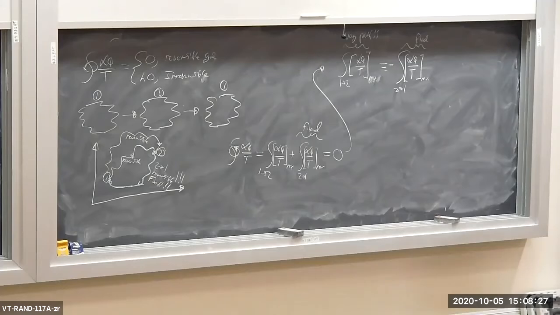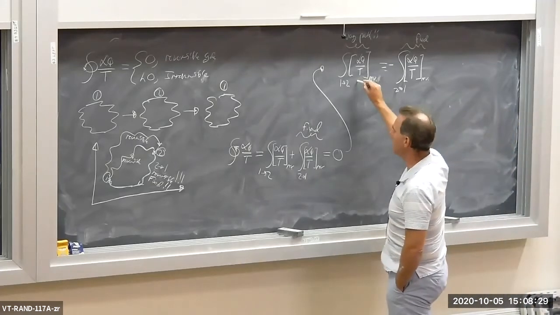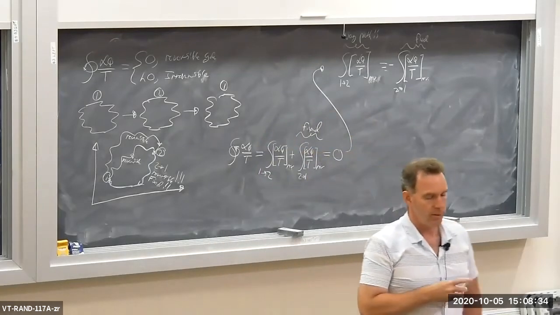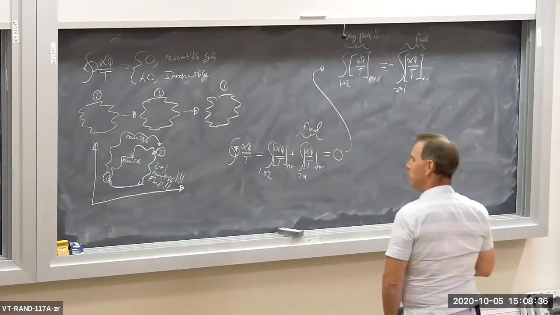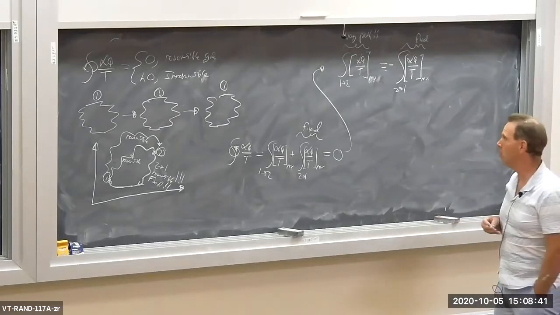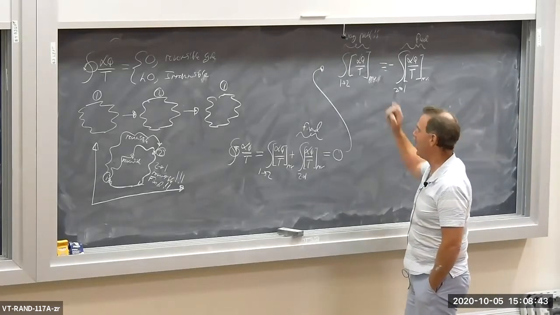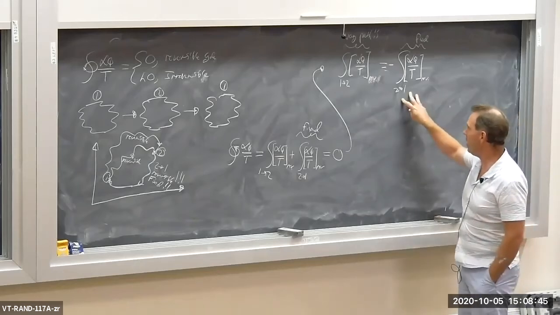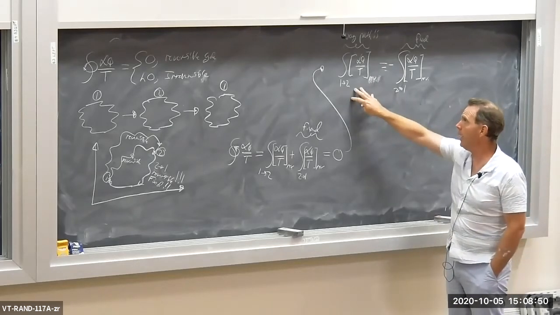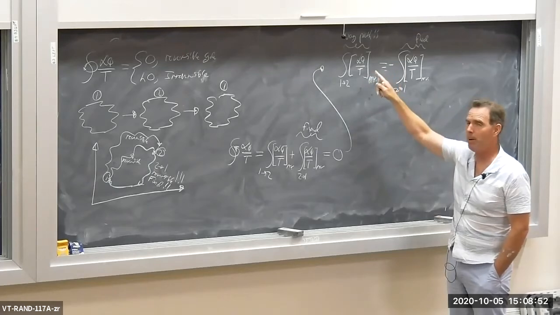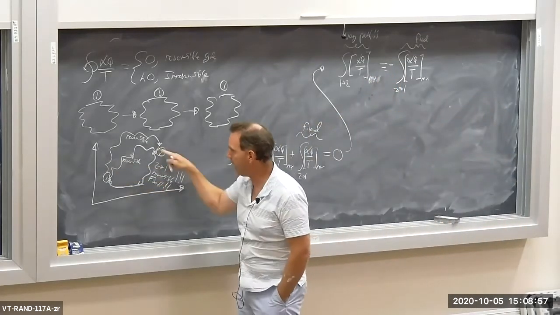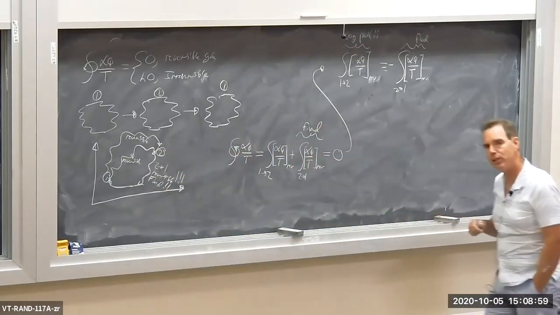What this is saying is this integral, del Q over T from state 1 to state 2, is invariant. It has the same value for any path, provided that path is reversible. This is fixed, so that means this is fixed. This integral has the same value no matter what the path is, provided that path is reversible.